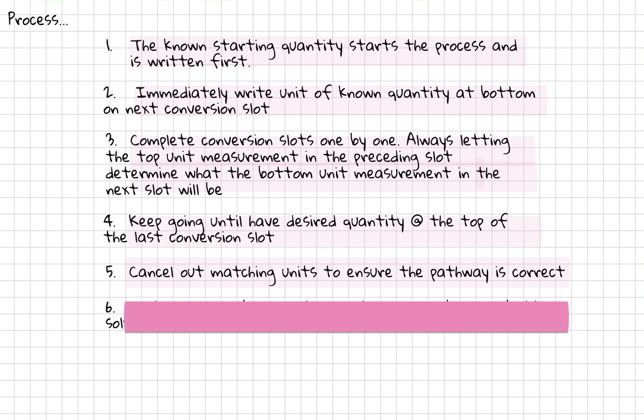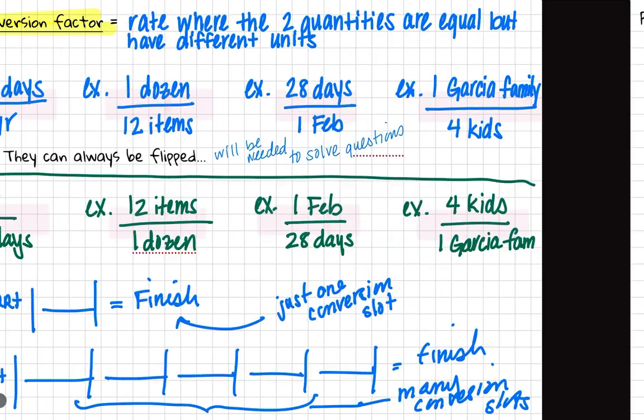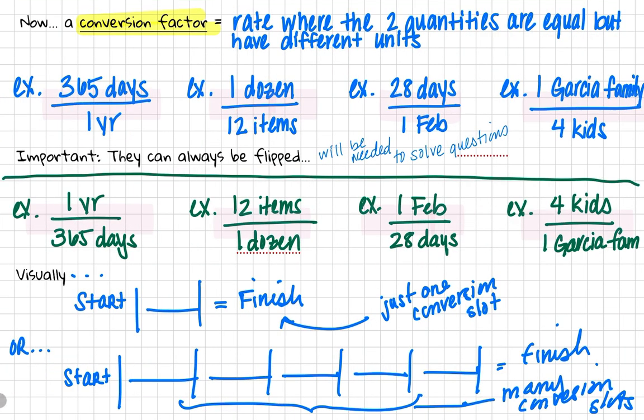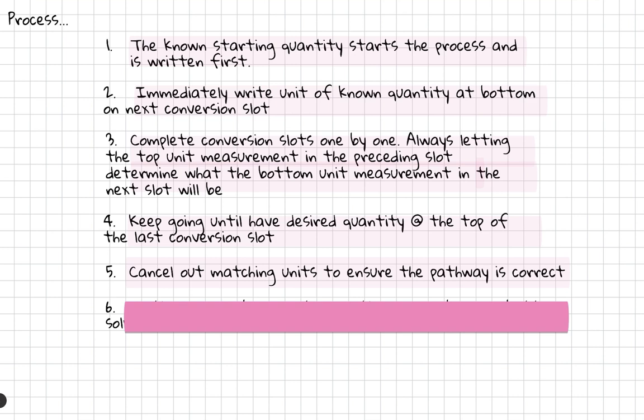You're going to cancel out matching units to ensure the pathway is correct. So visuals, like you'll have year here. You'll have year here and year here. You can cross out year and you can cross out year. Then you can have feet here and feet here. You can cross out feet, you can cross out feet, etc. You're going to cross out technically everything until you have this last man standing.